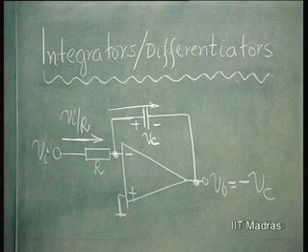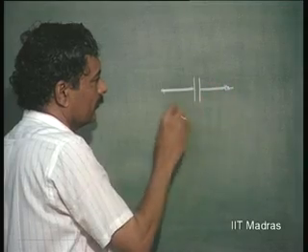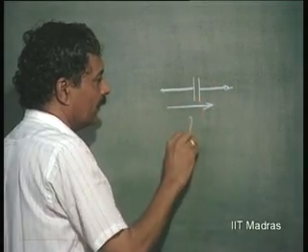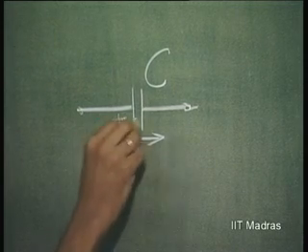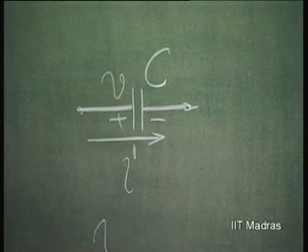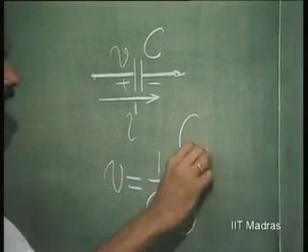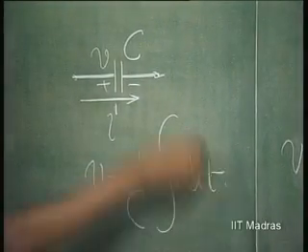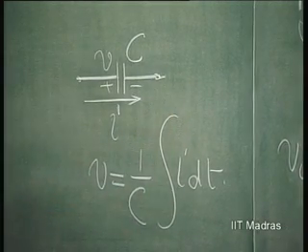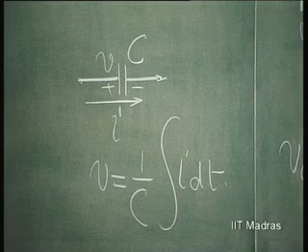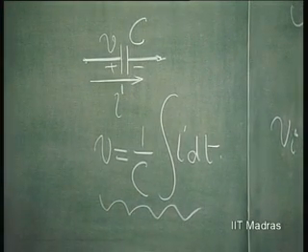We know that if a current I flows through a capacitor of C, the voltage across the capacitor V is nothing but 1 over C integral I dt. That is, this is the charge divided by capacitance, which is the voltage across the capacitor.